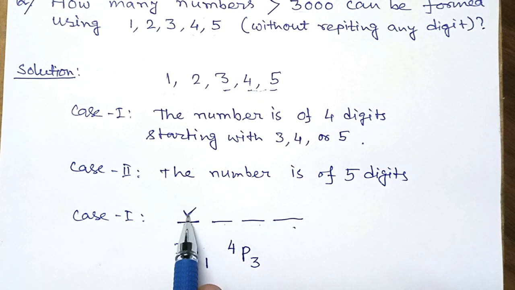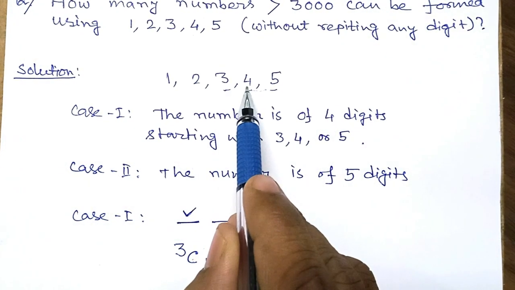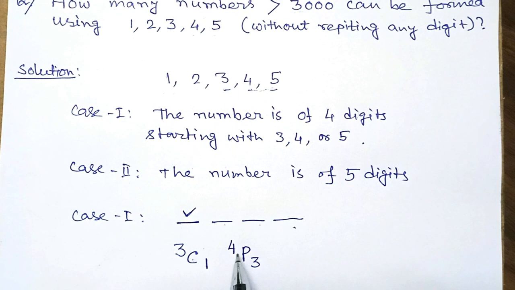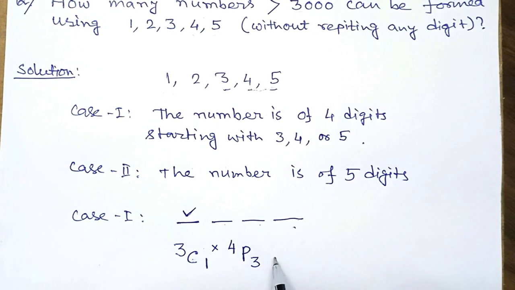For each choice of the first digit being 3 or 4 or 5, we will have 4P3 ways of filling the remaining 3 blanks. So we will have 3C1 into 4P3 cases.